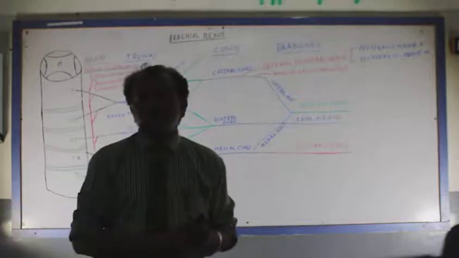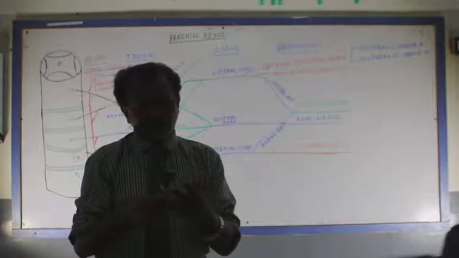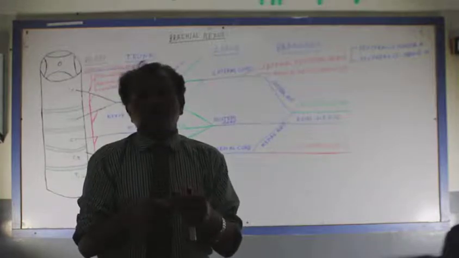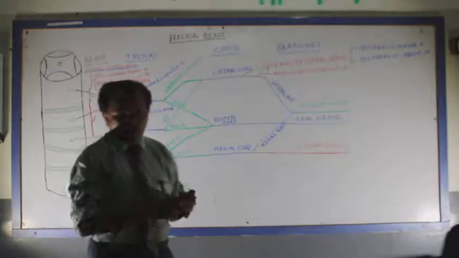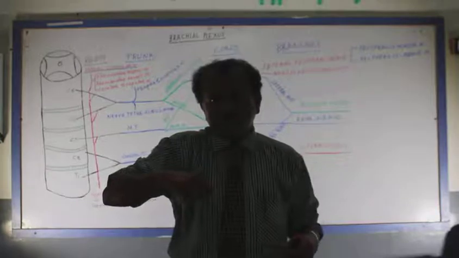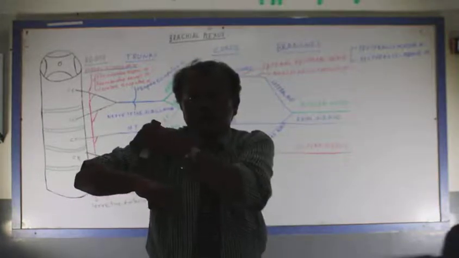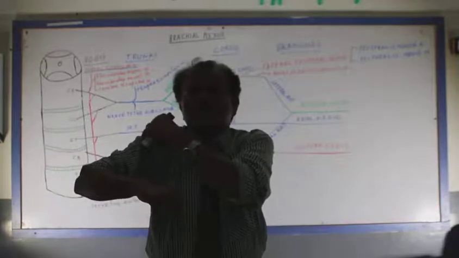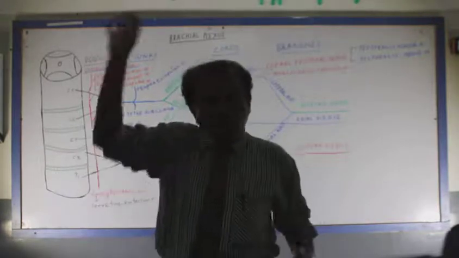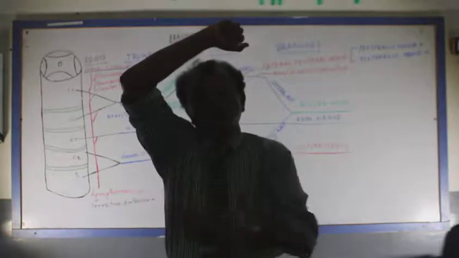So the abduction of the shoulder is maintained especially by three muscles: 0 to 15 degrees by the supraspinatus, from 15 to 90 degrees by the acromial fibers of the deltoid, and from 90 to overhead abduction by the serratus anterior.